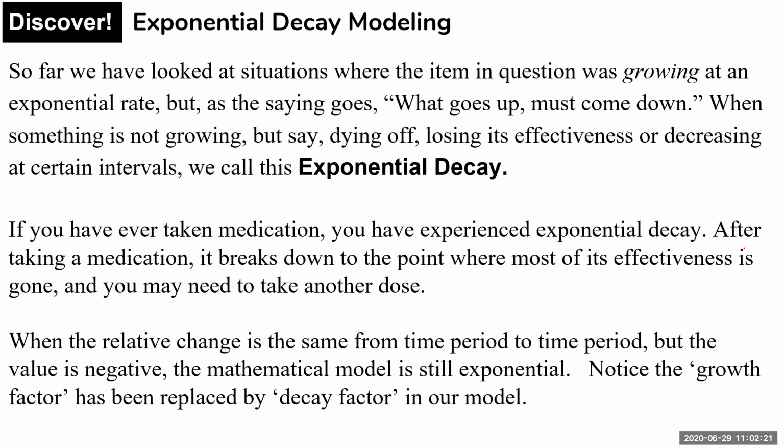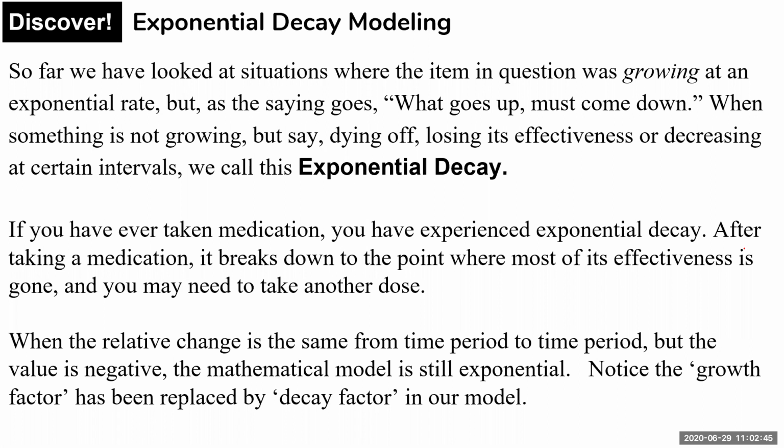Okay, when you take a medication, say you take Tylenol, 500 milligrams, with time, that decreases in your system. That is why when you go to the hospital, they give you a number of hours intervals to take that medication. So it breaks down.